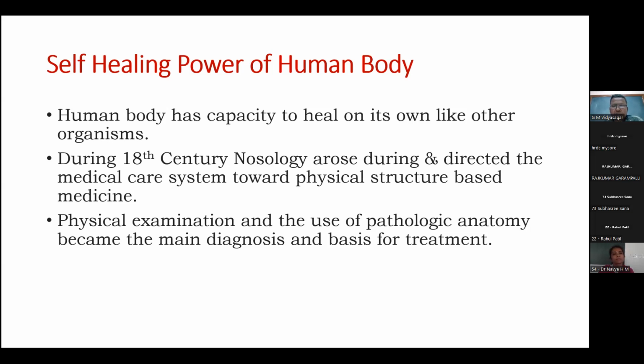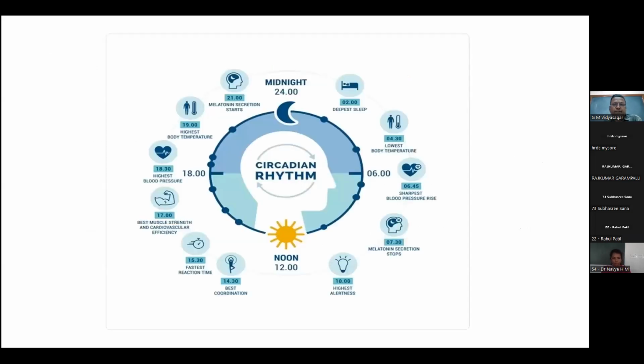So the medicines which are available today were developed during the 18th century, and before the 18th century we had self-belief and plant treatment, Ayurveda and many other things. Now physical structure based medicines are available, based on examination or pathological anatomy, which became the diagnostic and basis for treatment. Based on the physical structure, we are now able to identify the disease and treat it.